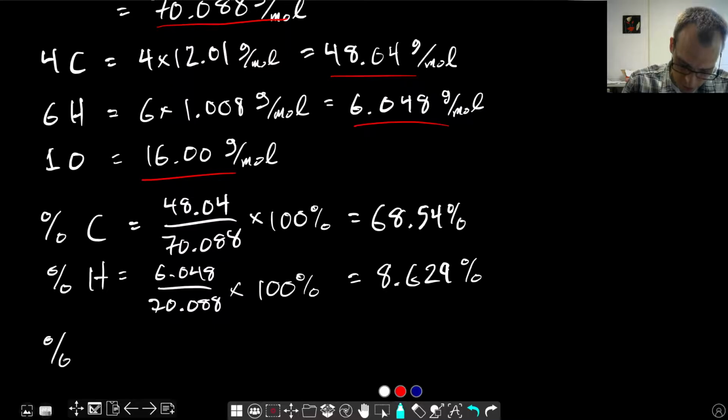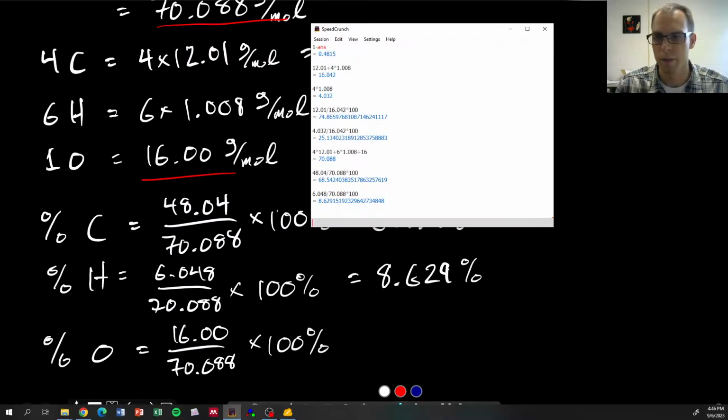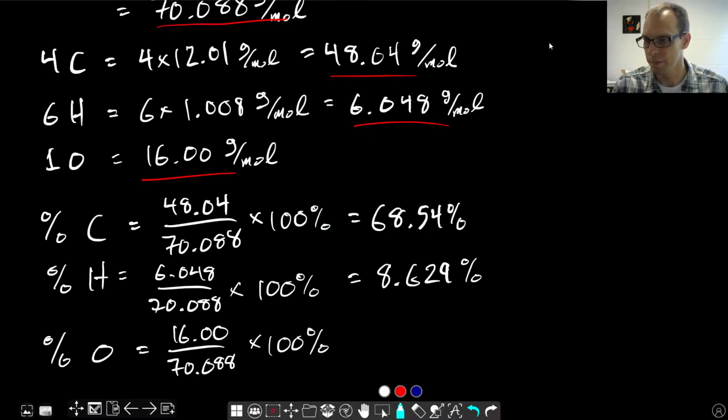And then our percentage of oxygen is equal to 16.00 divided by 70.088 times 100 gives us 22.83%.